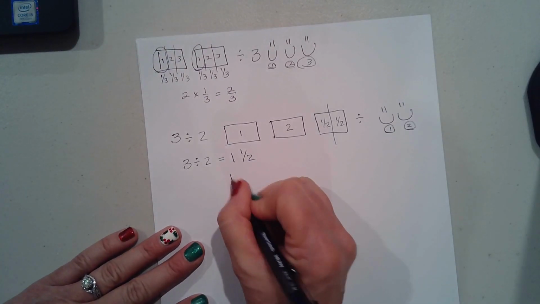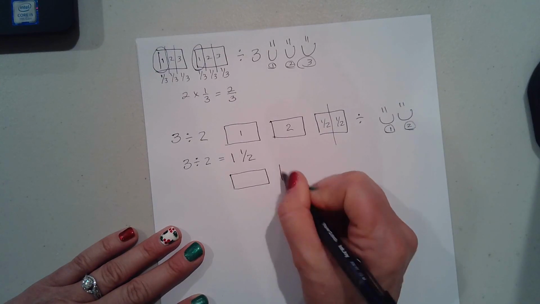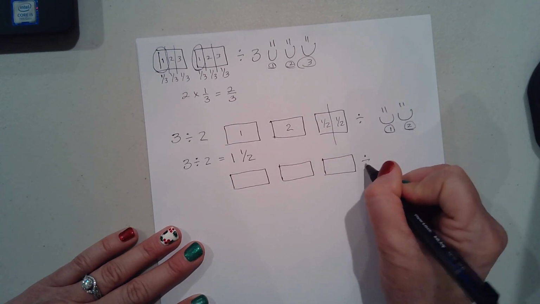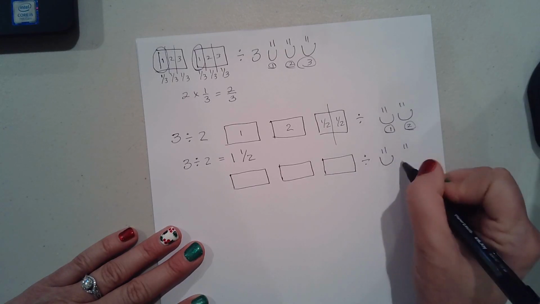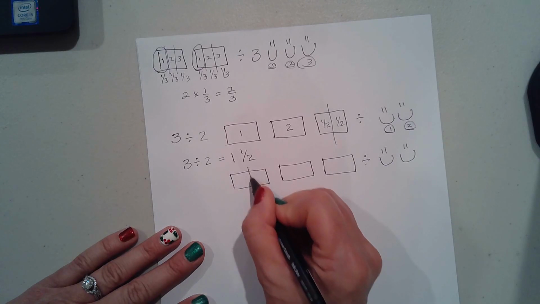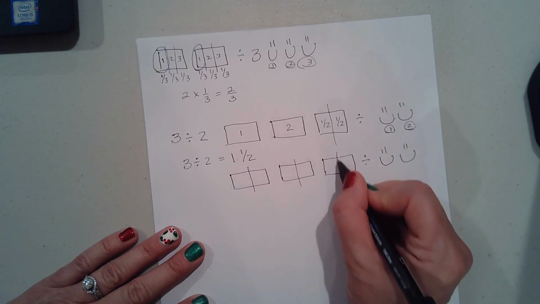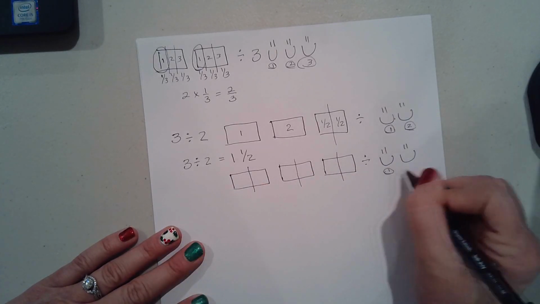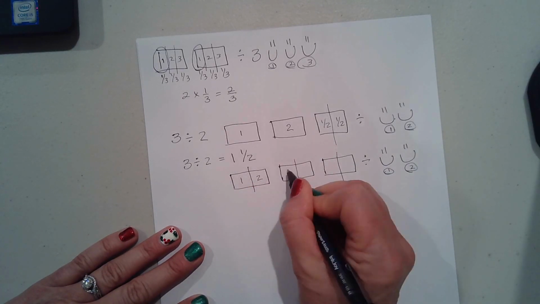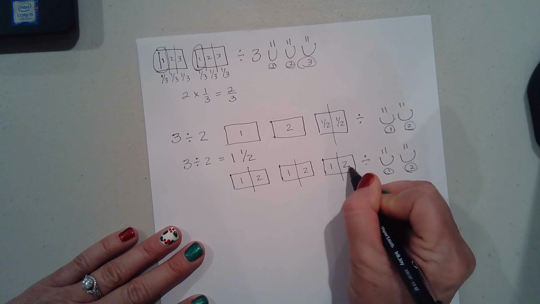Now, another way to do this, which is perfectly fine, is that your brain is either thinking this way, or you could split each one into half and pass it out. So 1, 2, 1, 2, 1, 2.